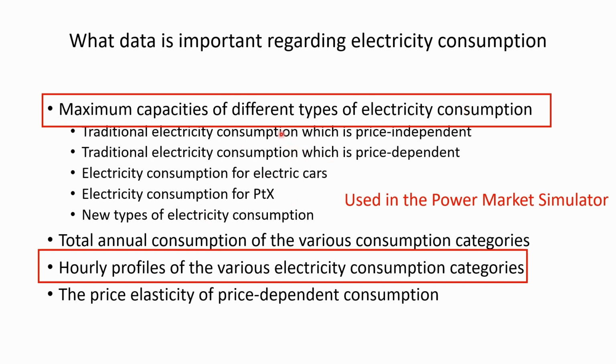We're not differentiating between price dependent and price independent, because we consider all electricity consumption as price independent, and we are not taking into account electricity consumed in the electric cars and power to X. And we also focus on the hourly profile of the electricity consumption in this one category. We only have one category of consumption.